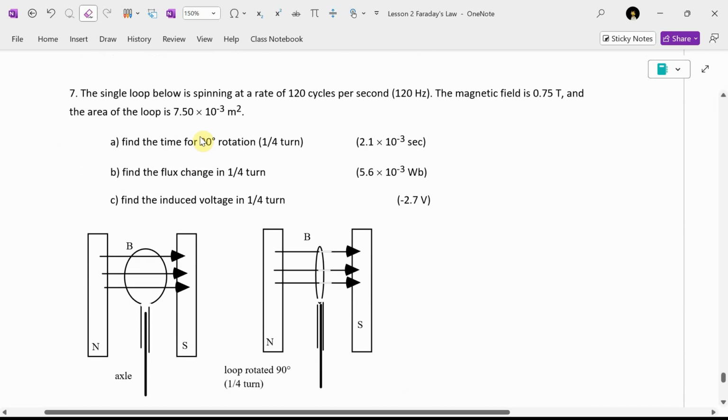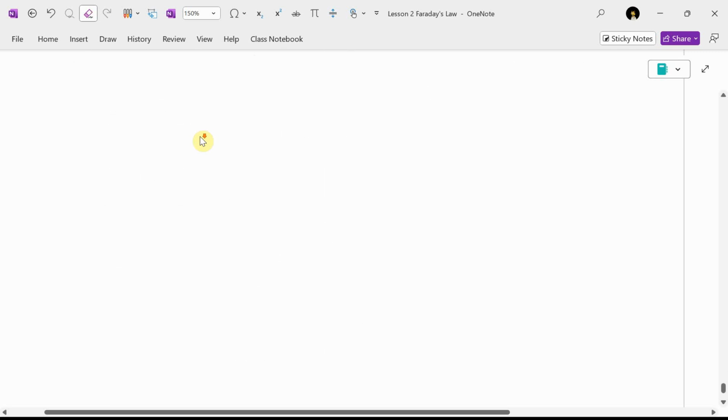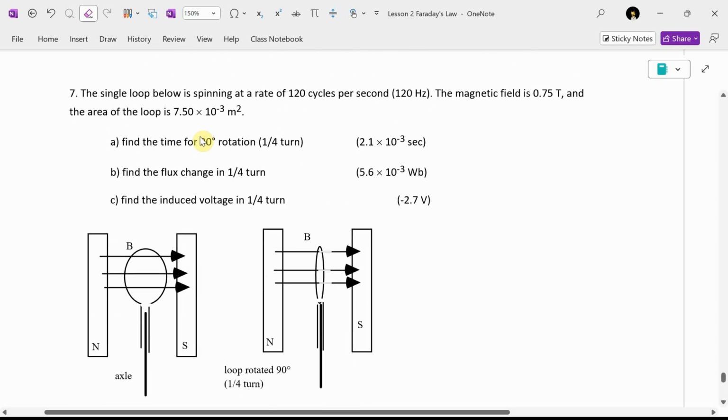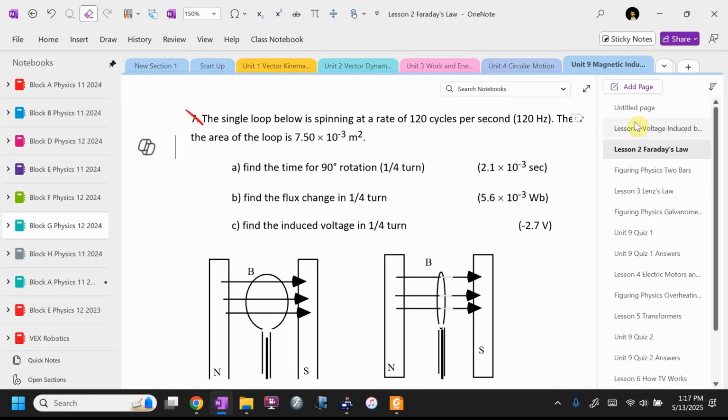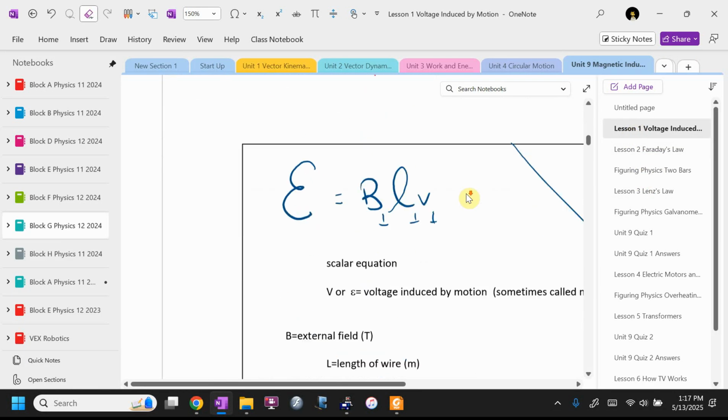You can skip 7 for now. Really, a lot of you still have to work on lesson 1. Lesson 1, the first question from the homework, is a really neat one.